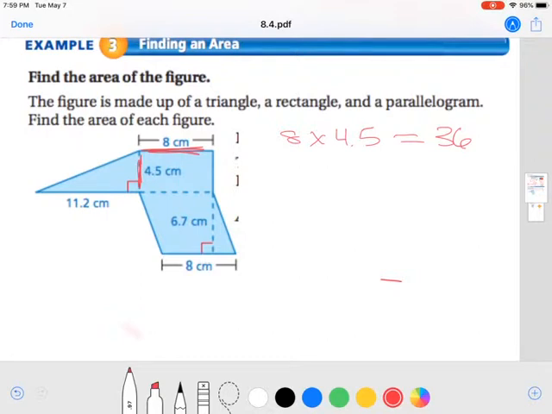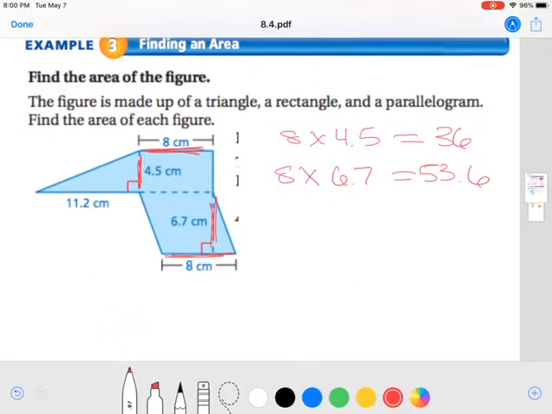All right, let's do the rhombus just because it's right underneath it, and it's the same exact calculation. So we have 8 still as our base, and then our height's a little bit bigger. It is 6.7. So we have 8 times 6.7, which gives us 53.6.